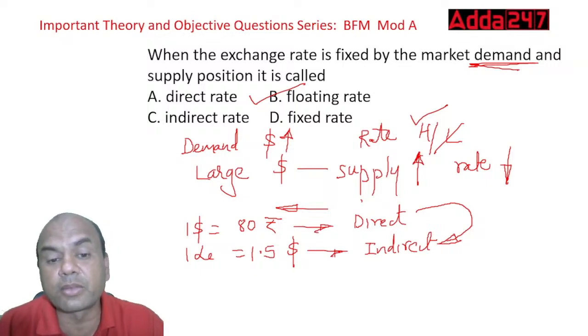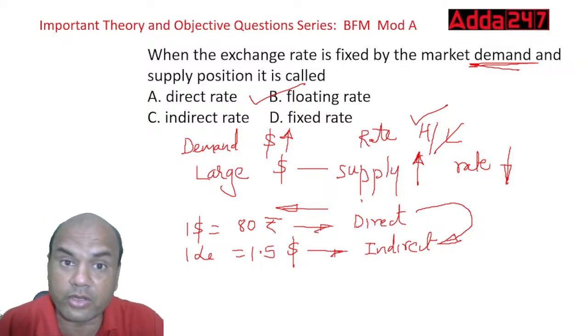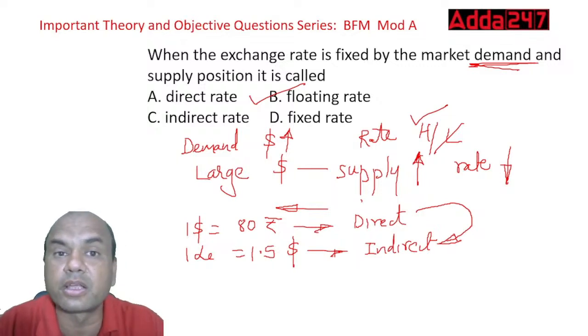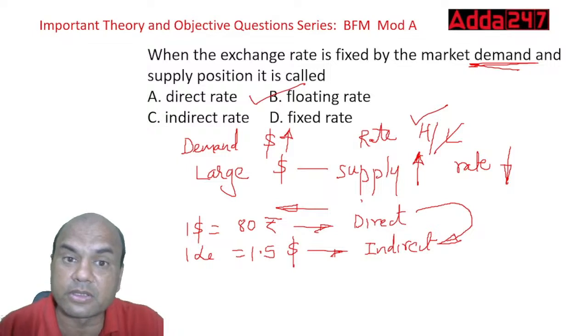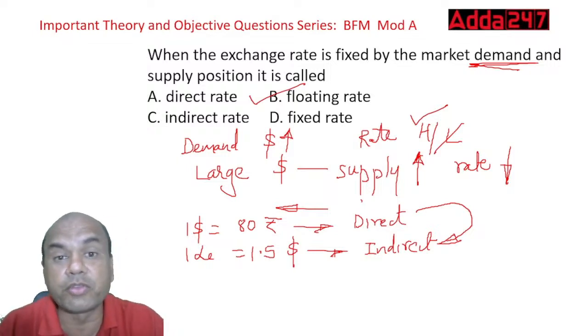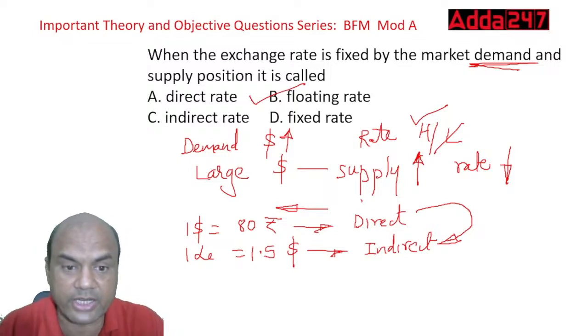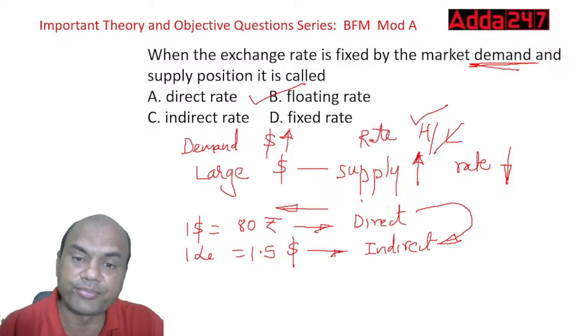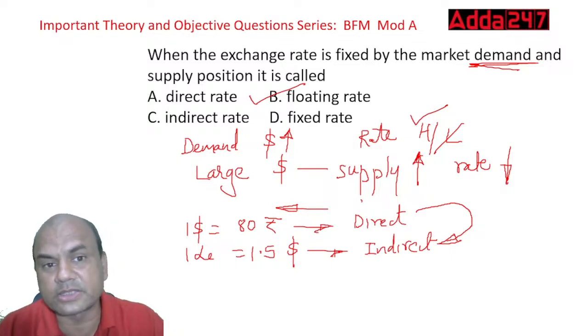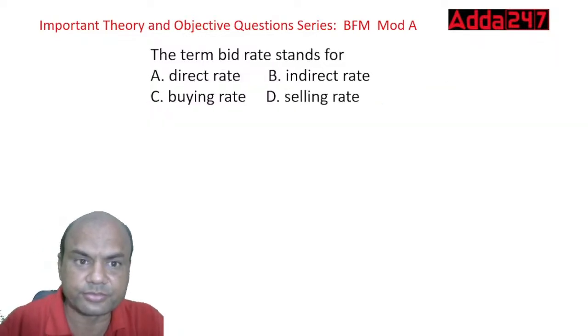We will be the governing power, because we are already planning for growing to third number of the economy, right? We are right now at fifth and we are moving towards the third. So when we move towards the third, these rates will change. Okay. So this is the concept of direct, indirect, floating and fixed, right?